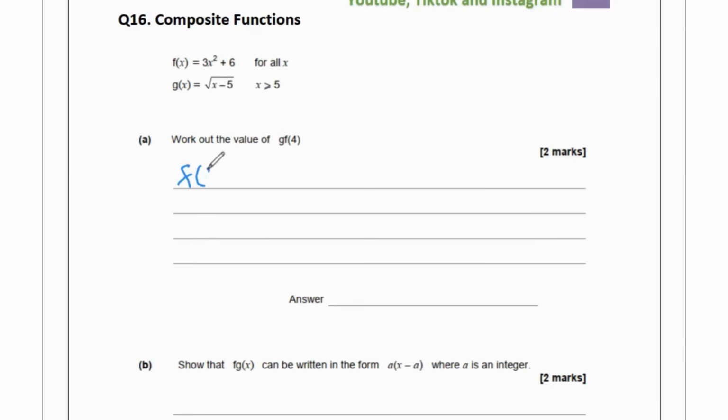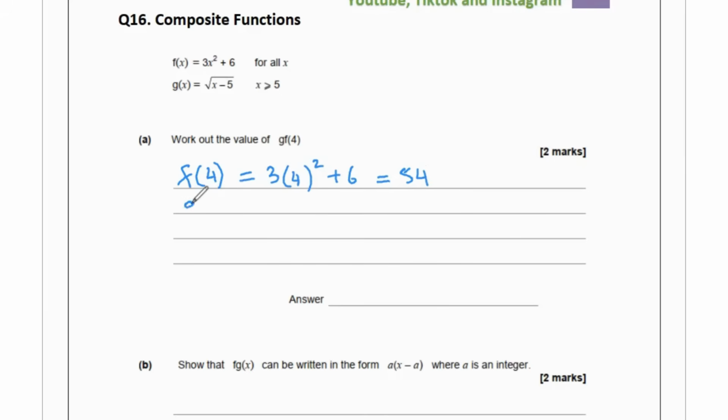First, we find the value of f of 4, because f of 4 is your domain of g of x right now. So f of 4 is going to be 3 times 4 squared plus 6, which is equal to 54. 4 squared is 16, 16 times 3, and then plus 6.